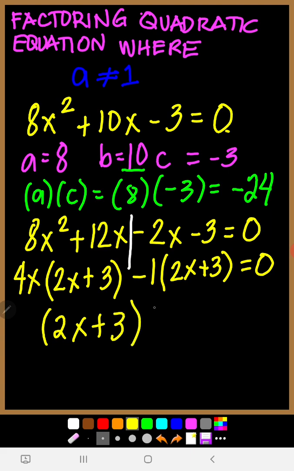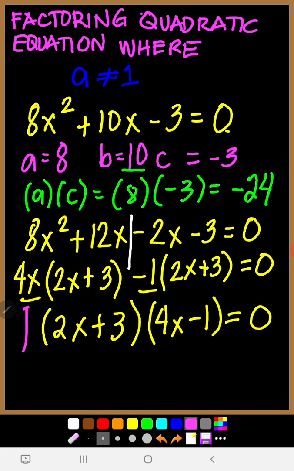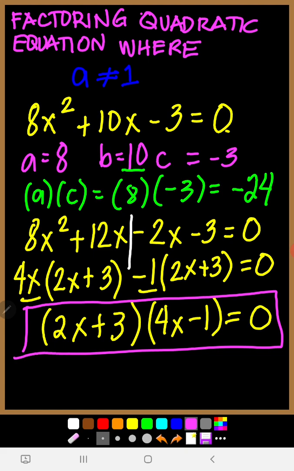And then, the other factor is the terms that are outside the parentheses, which is 4x minus 1 equals 0. So the factor of 8x squared plus 10x minus 3 equals 0 is the quantity 2x plus 3 times the quantity 4x minus 1 equals 0.